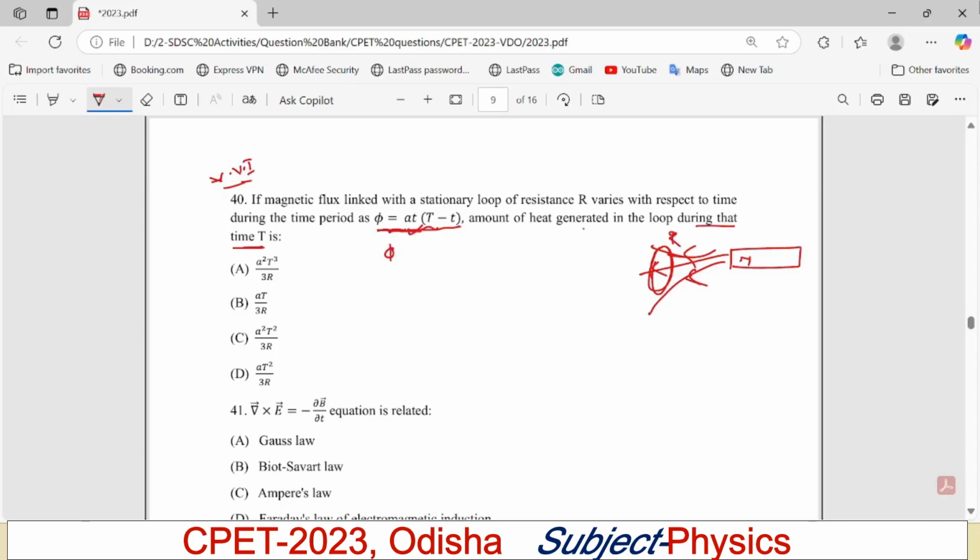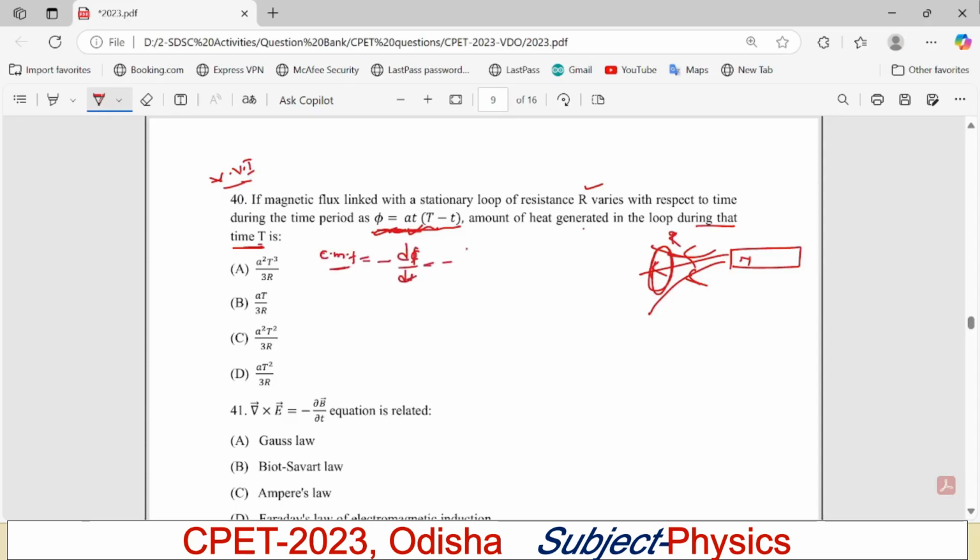Okay, so here flux at a particular time is given, resistance is given, and the time period is given as capital T. We know that the induced EMF is nothing but the rate of change of magnetic flux. We have to find out how much heat has been generated. First, the EMF is minus d phi by dt.